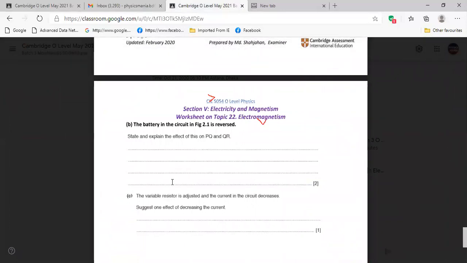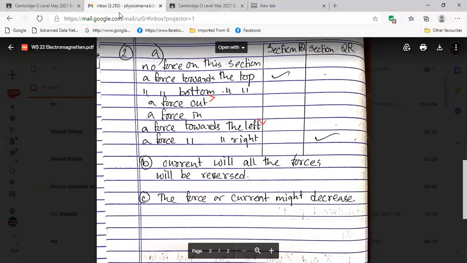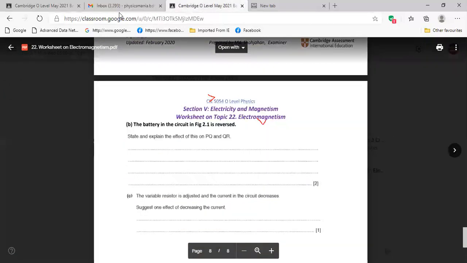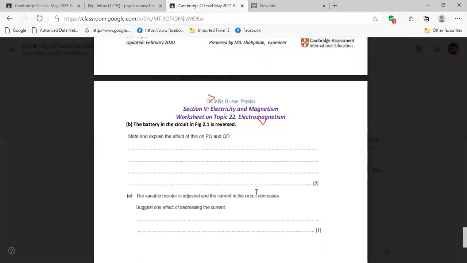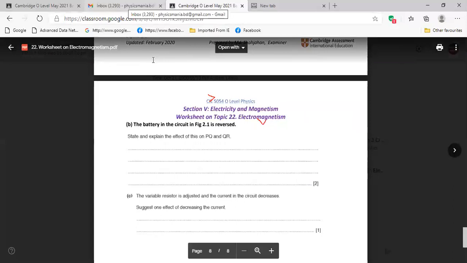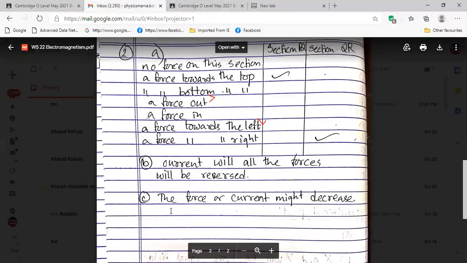Can you read? The resistor is adjusted and the current decreases. Suggest one effect of decreasing the current. The force or current might decrease. They already told you about the current, so you only mention the force.